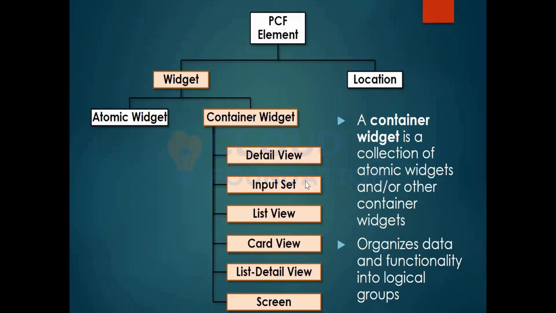But input set specifically is used when that particular container is reused in multiple other PCF files. When there is a reusability concept, suppose there are two fields and we have to refer to these two fields in multiple other PCF files. Suppose there is an address field.